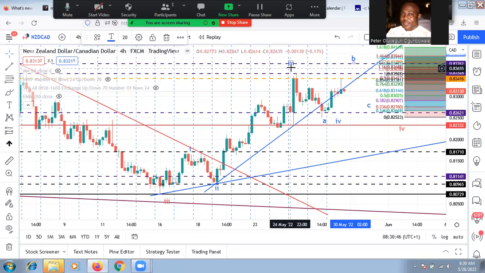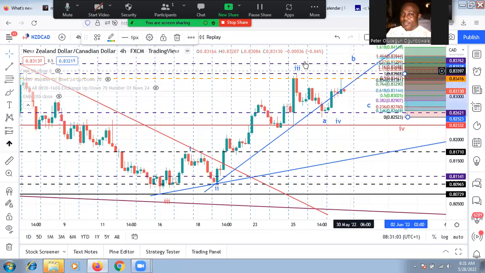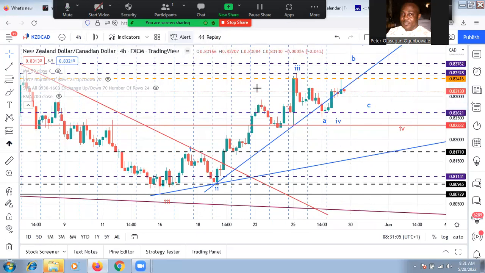may get to. So once we are done, it's a 4-hour correction that you are seeing. This is 3, and this is A of it, and this is B. And after we are done with this, we are going to see C work done. After C is done, then we want to go up and rally up to finish with 5 if it's not going to get truncated.